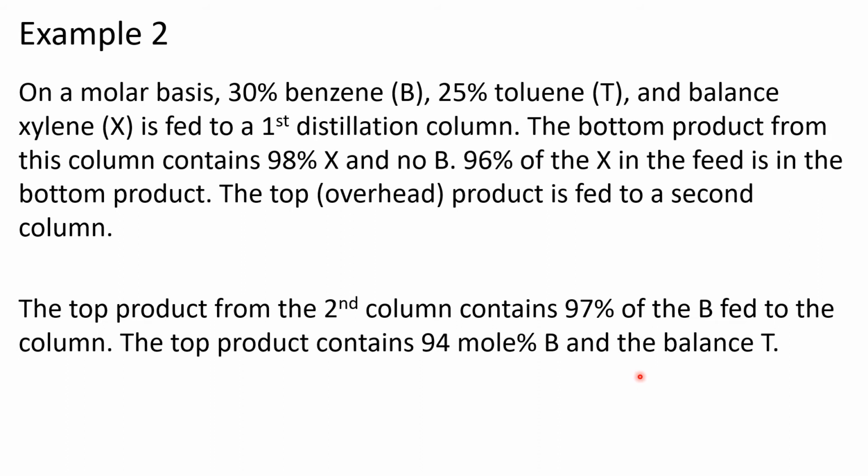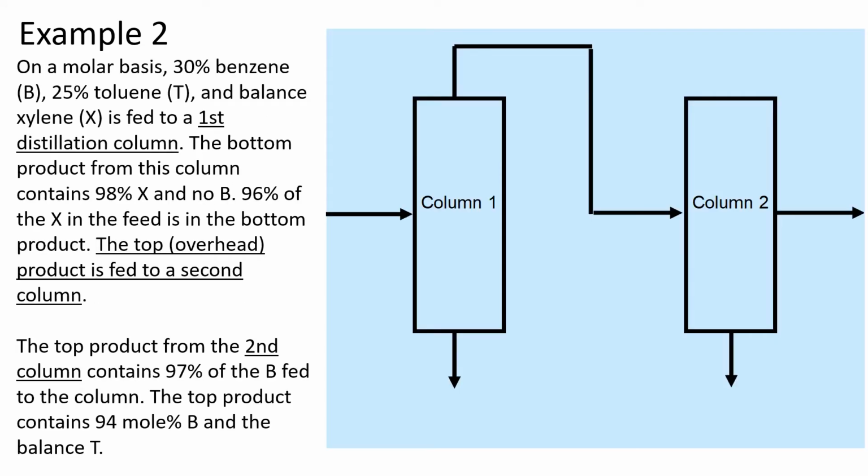Let's draw the process flow diagram for this process based upon the description here without labeling the streams. So reading carefully the problem statement, we find that there is a first distillation column, which is drawn here and labeled column 1.